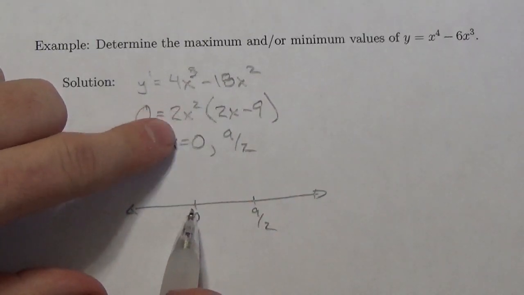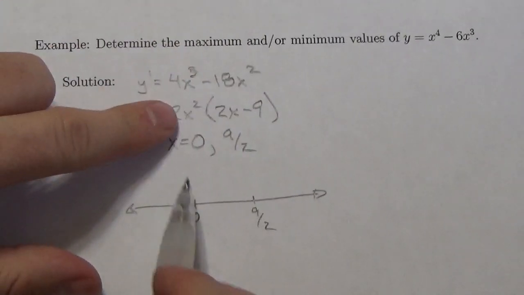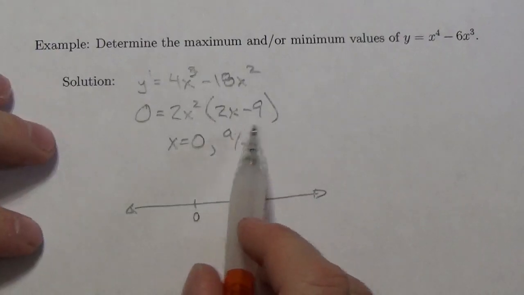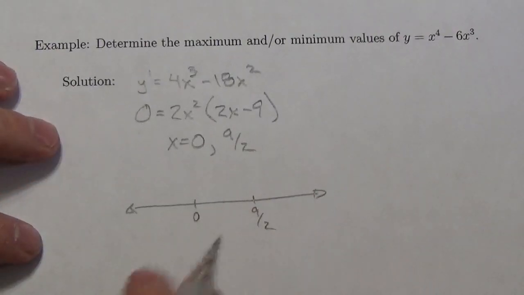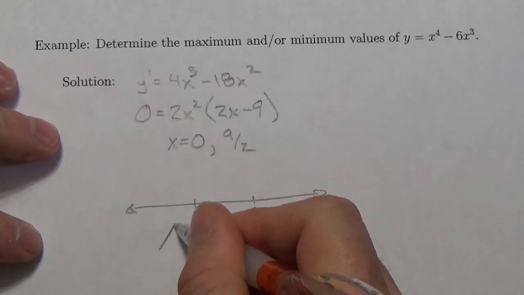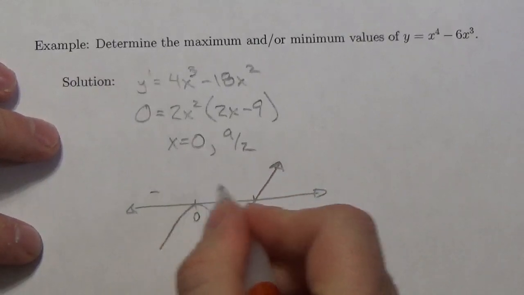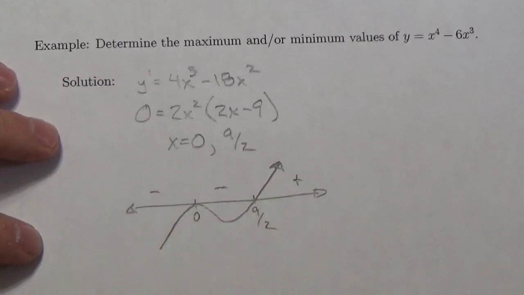The 0 has a multiplicity of 2. The 9/2 has a multiplicity of 1. It's a positive cubic, so it's going up. So my derivative function is going to look something like this and like that, meaning it's negative here, positive here.